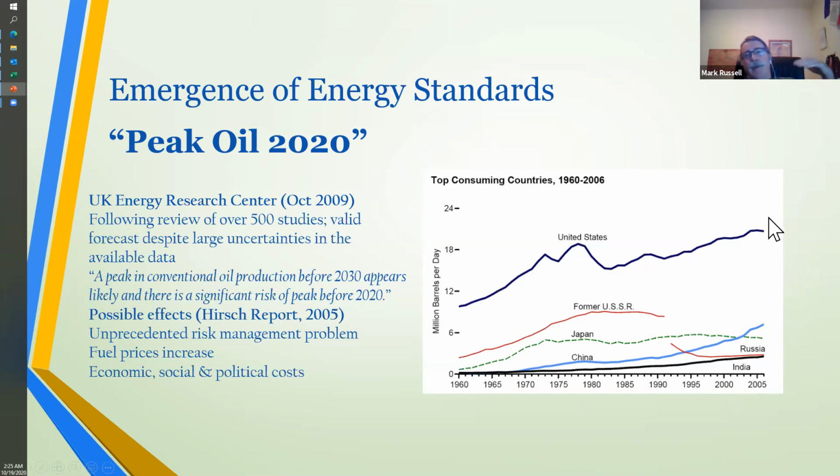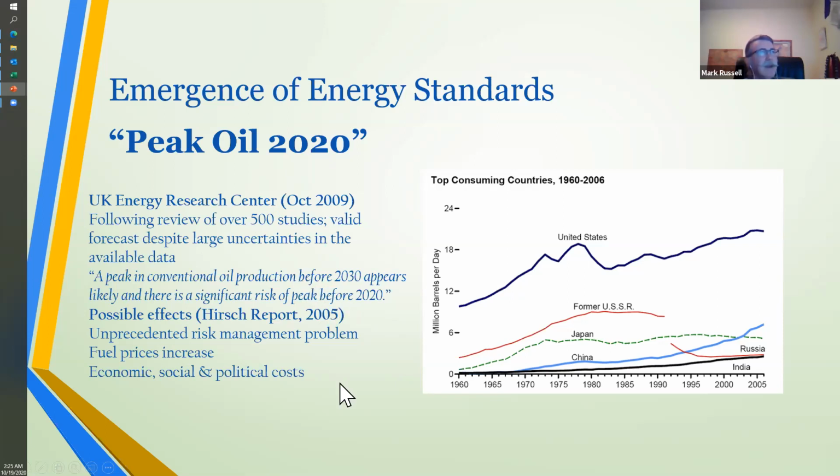And once you've reached the top of the bell curve, anytime after that, we're just depleting our remaining resources. And there's been a lot of study on when we reach that peak. I just thought it was interesting that back in 2009 they thought this was the year it was going to happen.